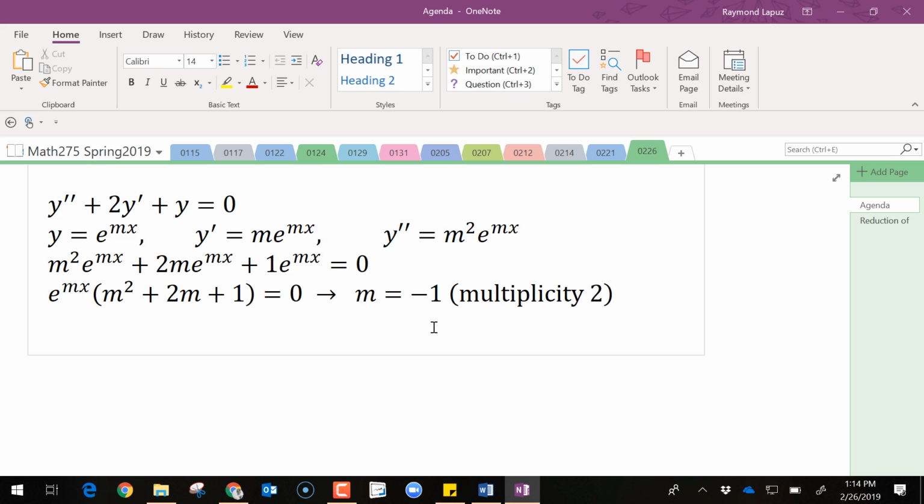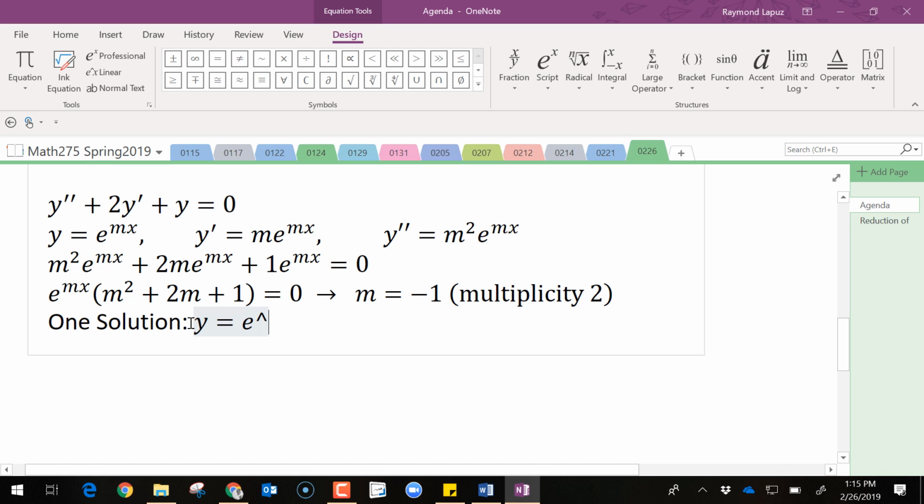So it looks like one solution is going to be y equals e to the -x. Now we have an issue here because this is a second order differential equation, and according to the theory, our fundamental solution needs to have two solutions. We have one, so we need to find another one.